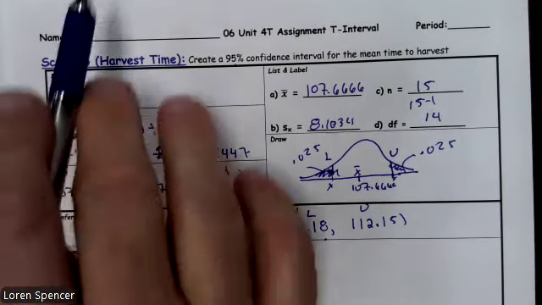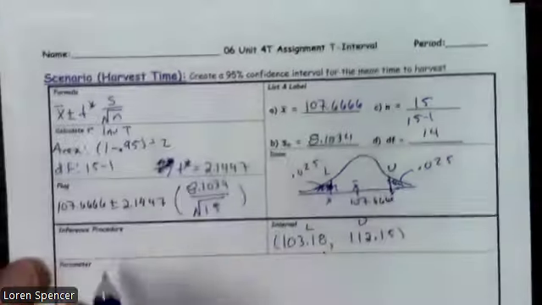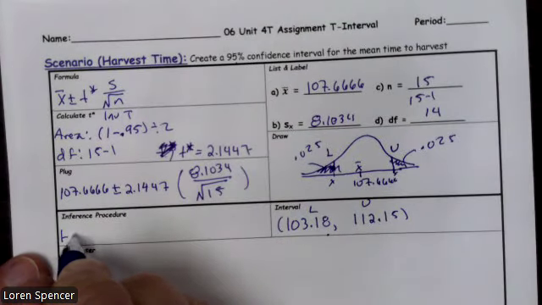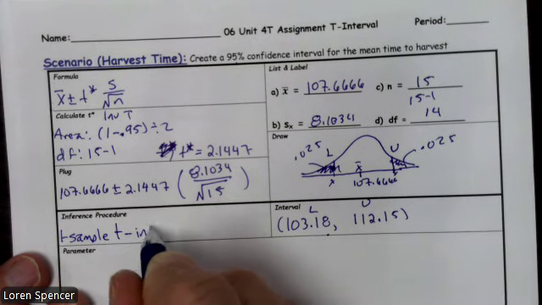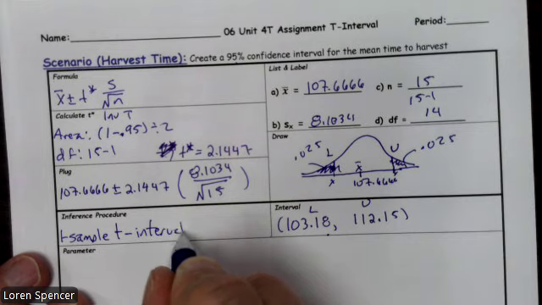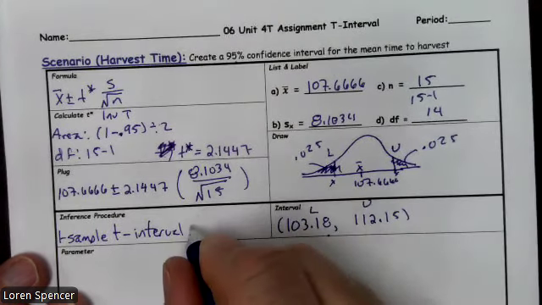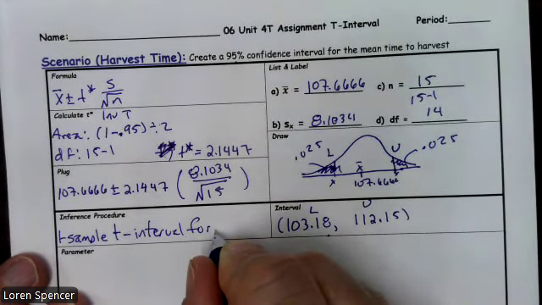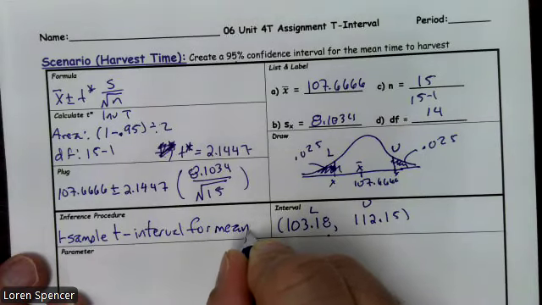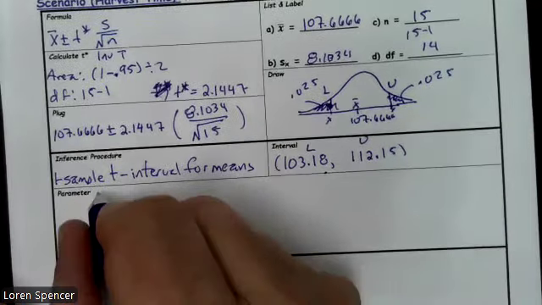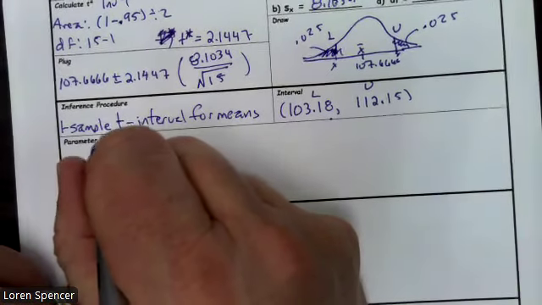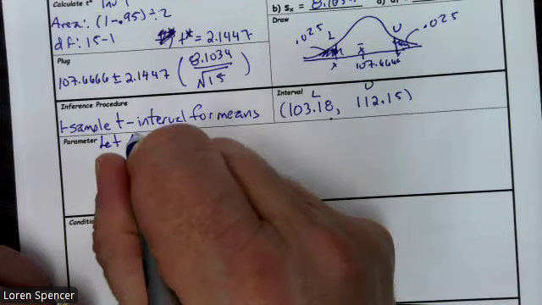Inference procedures: well, we only had one sample, so we're going to tell them that it's one sample. What's our distribution? T. We did a t interval, that came straight off the calculator, and we're testing for means. All right, so our parameter of interest. We care about the population mean.